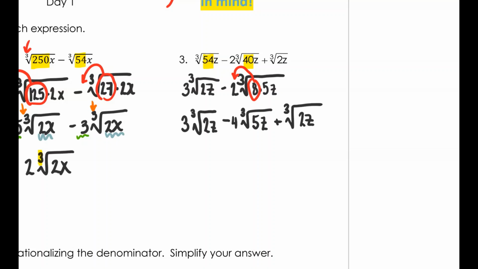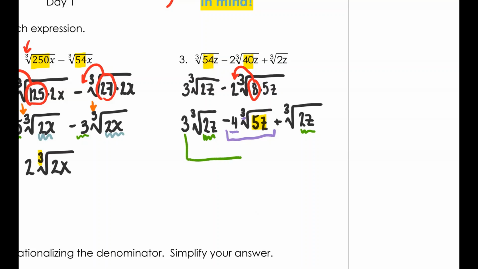The answer is no, you can't. This middle term here is on the same index, and the coefficient, that's not the problem. The problem for this one is that the radicand is 5z, whereas the other two radicands are both 2z. Therefore, that term in the middle is not like, and you can't combine them.